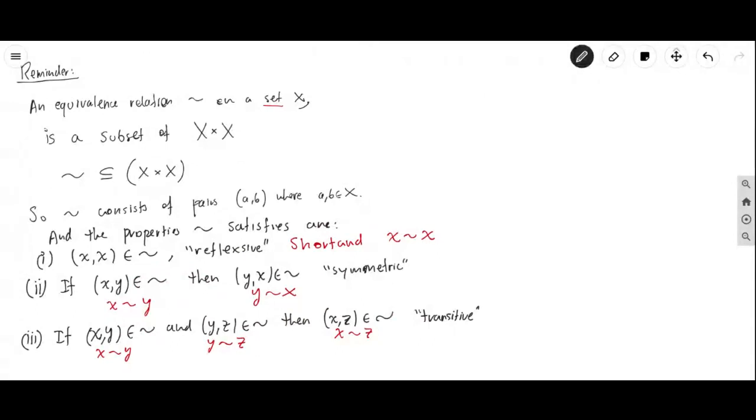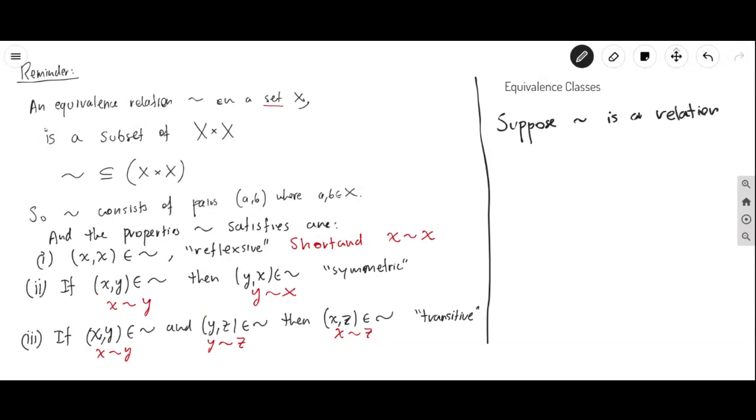And then we have these things called equivalence classes. The way this works is we're going to suppose tilde is an equivalence relation on a set X. So we're going to assume all of these properties. Then for any element a in X, we define the class of a.